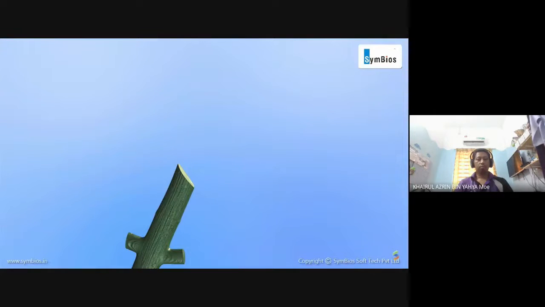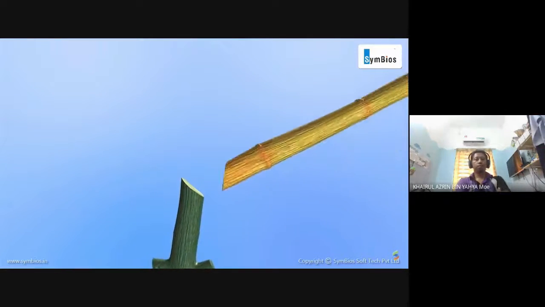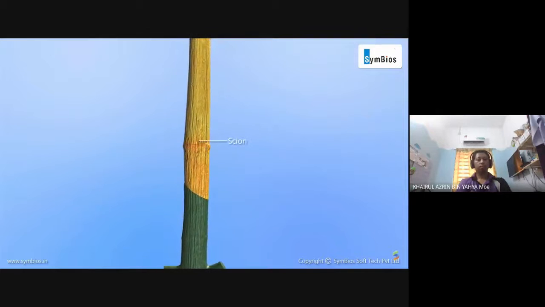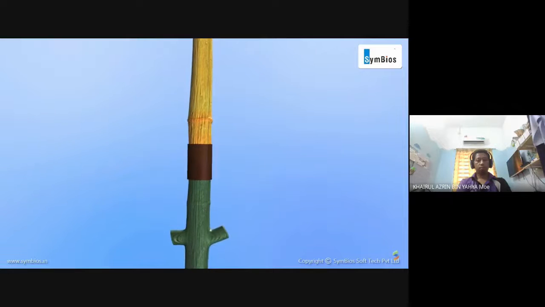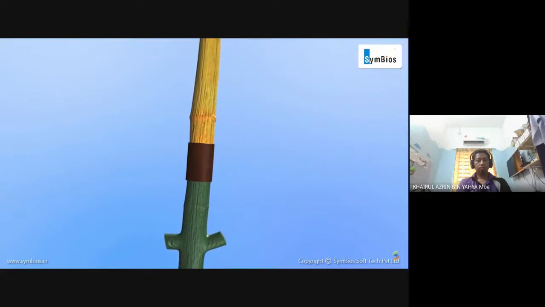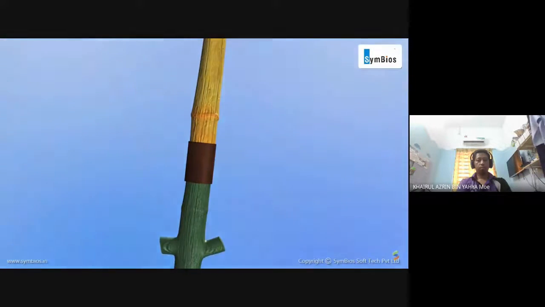In grafting, a twig of one plant called the scion is kept over the cut stem of another plant called the stock. Then they are tied up together. The tissue of the scion and stock combine to form a new plant. This method helps in developing a high-yielding and disease-resistant species of plants.